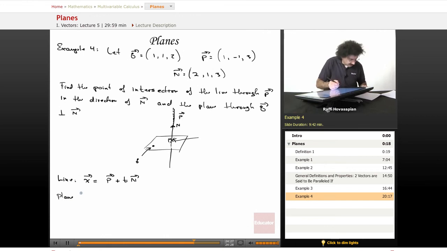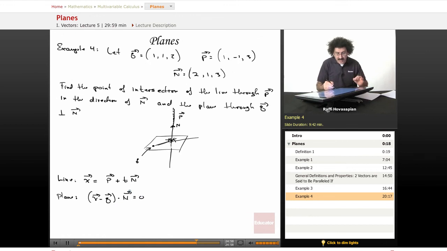And now we'll do an equation for the plane. Remember we said this vector. So the equation of the plane is X minus Q, I think I'll use a small q here, X minus q dot N equals 0.